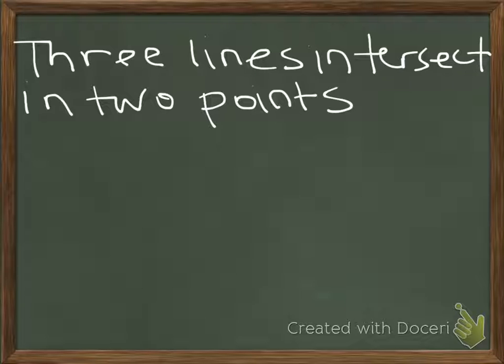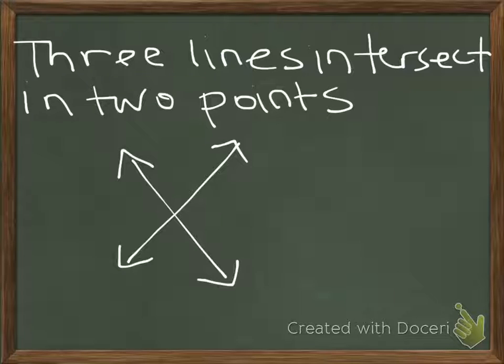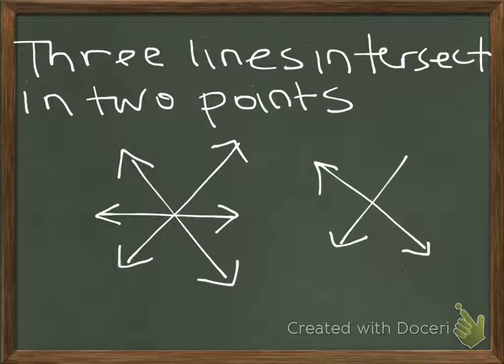The next one, 3 lines intersect in 2 points. Well, if we have 3 lines and they're intersecting, that's at 1 point. Can we even draw 3 lines that intersect at 2 points?